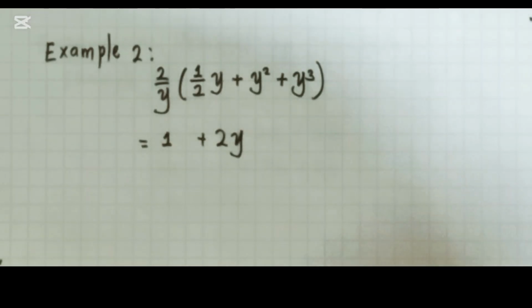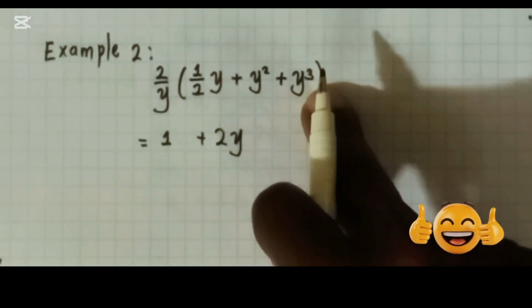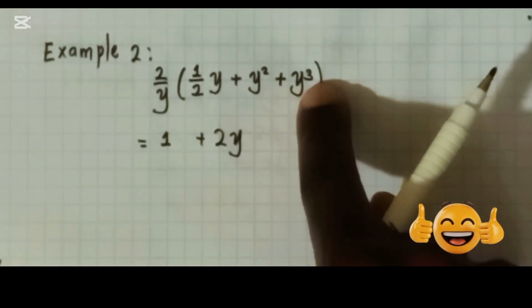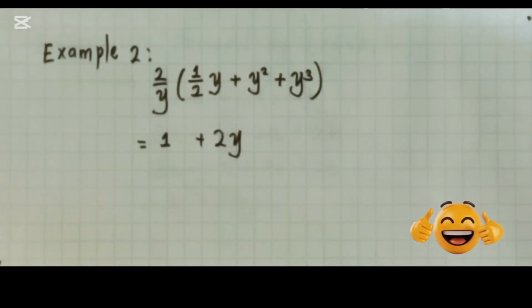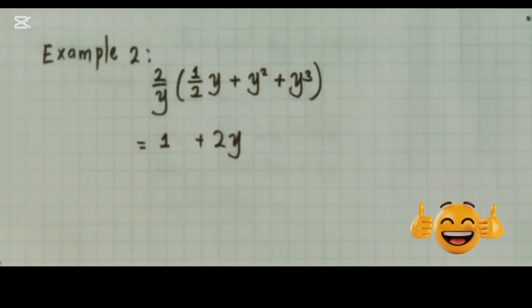Now, y cubed, the same thing. When you're dividing y cubed and y, we're going to subtract the indices. Note y cubed has an index of 3 and y has an index of 1. So we're going to have 3 minus 1 giving us 2.